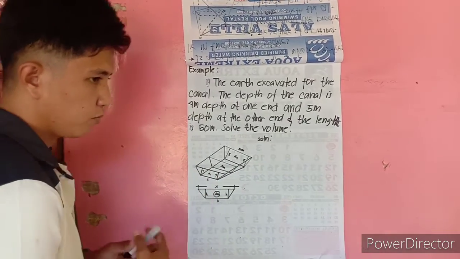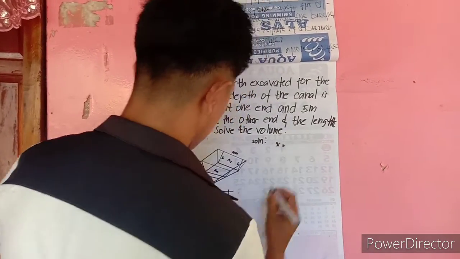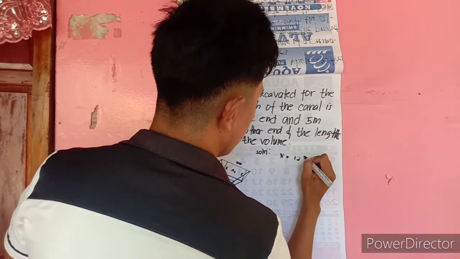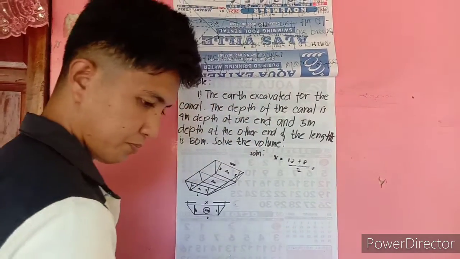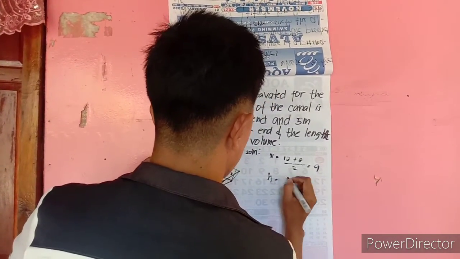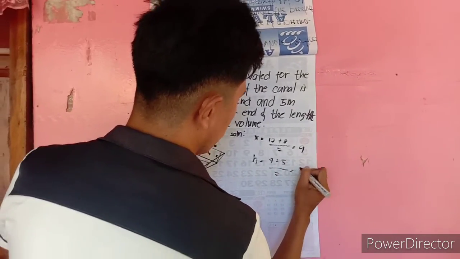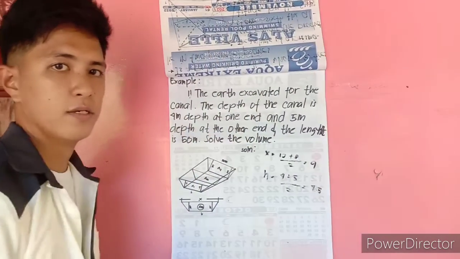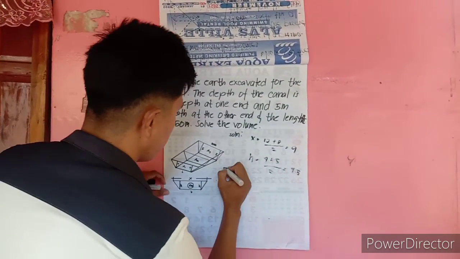First we will solve for x. x equals 10 plus 8 divided by 2, which equals 9. The height equals 4 plus 5 divided by 2, equals 4.5. So this is the height, 4.5. Next is area 1.